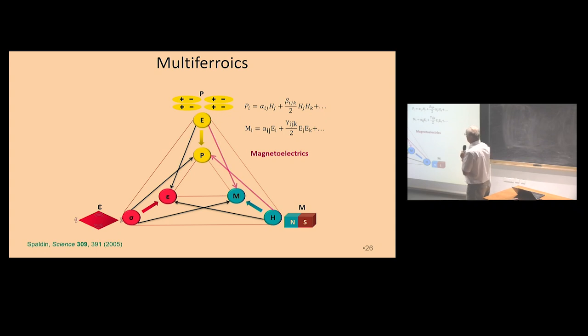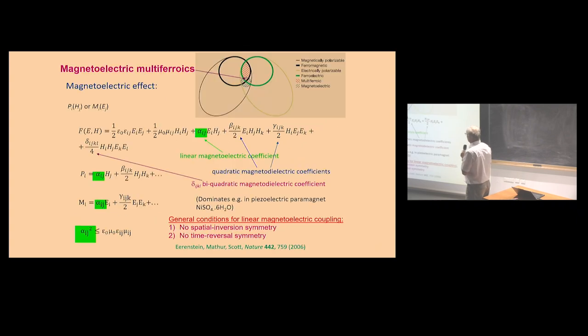So in ferroelectrics, you have such a Landau expansion, but in the case of magnetoelectric multiferroics, there is not only electric field squared and magnetic field squared, but there is also a linear coupling between magnetic field and electric field. So here is the linear magnetoelectric coefficient, or you can have higher order magnetoelectric coupling.